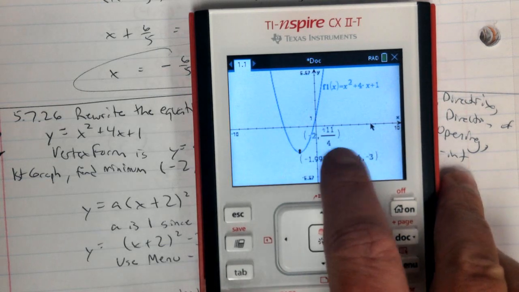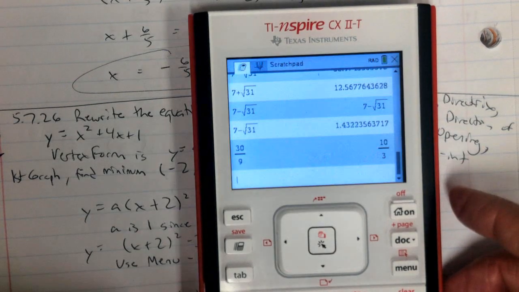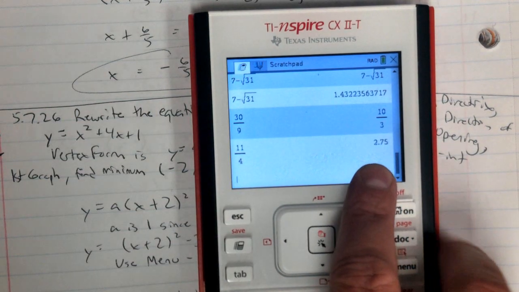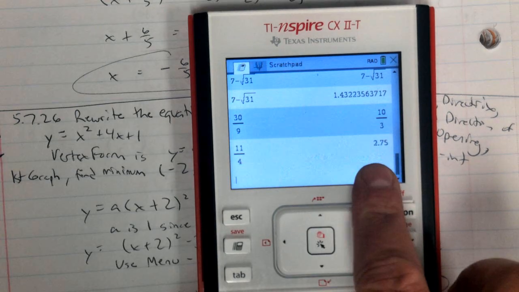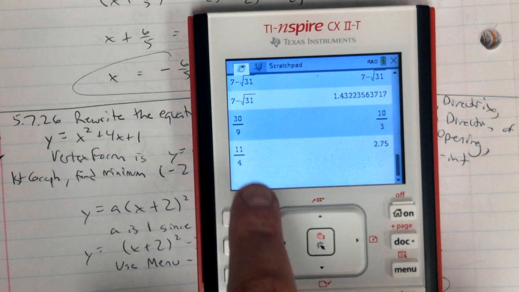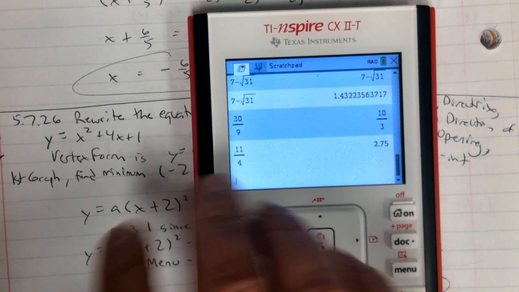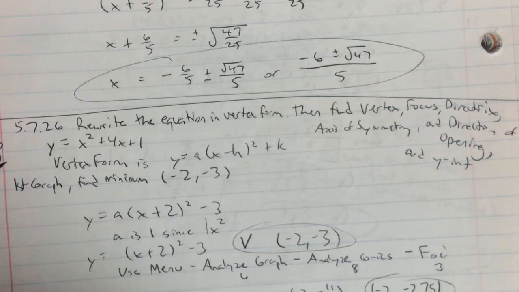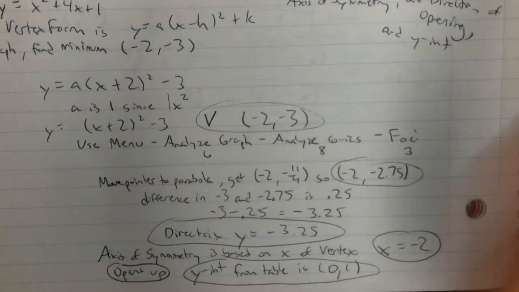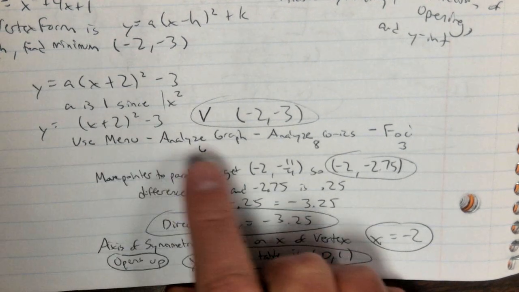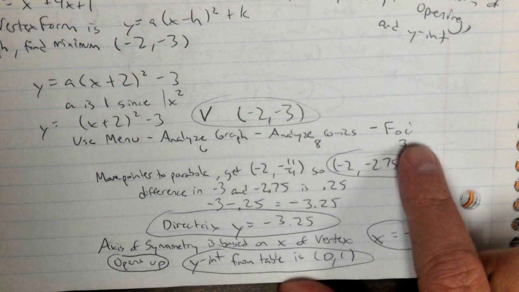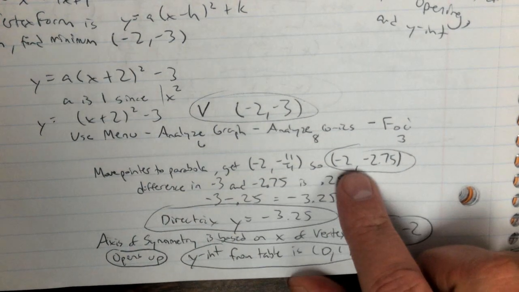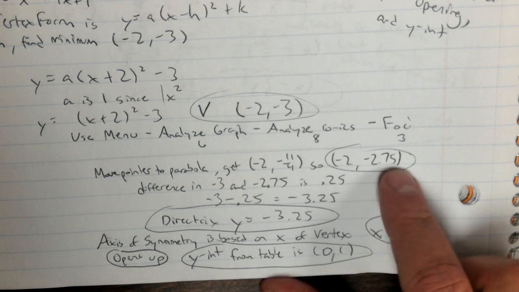It's -2, 11/4, but you have to make 11/4 a decimal by doing Control Enter. So that's your 2.75. So hopefully y'all remember that in this type of problem, they wanted a decimal instead of a fraction. So there's your steps. You go menu, analyze graph, analyze conics, and then foci. You move your pointer to your parabola to get this ordered pair, which means -2, -2.75.